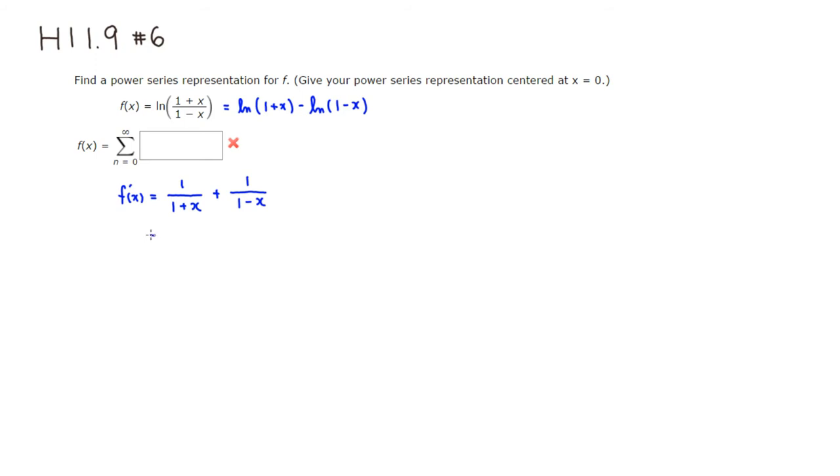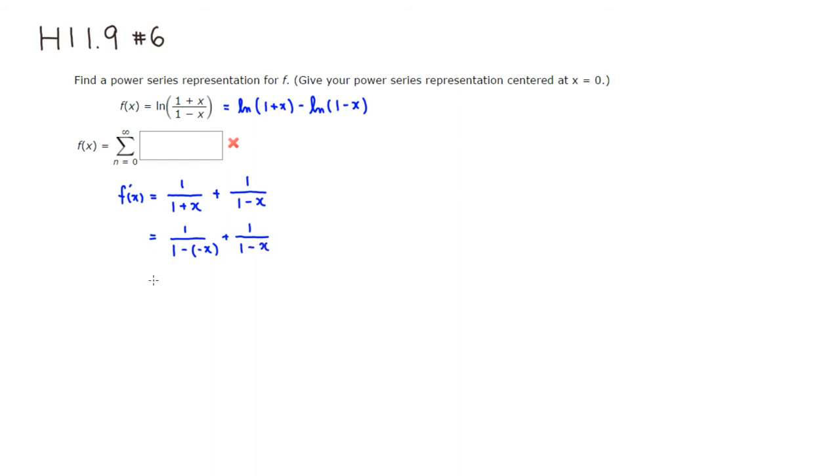Here we can rewrite this as 1 over 1, a double negative trick, minus negative x, and the plus. This one we know what to do with directly: 1 minus x.